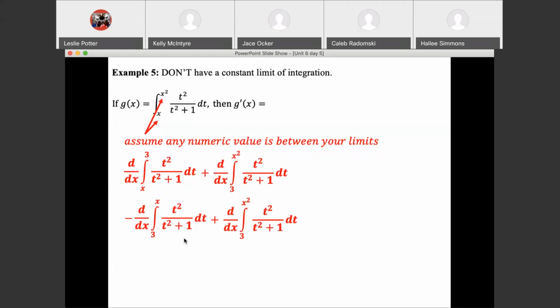Numeric limits are in the right spot. I'm being asked to differentiate an accumulation, or differentiate an integral, on both ones, so I know it's a plop. So the first one's going to be a straight up plop, and the second one's going to be a plop and chain.